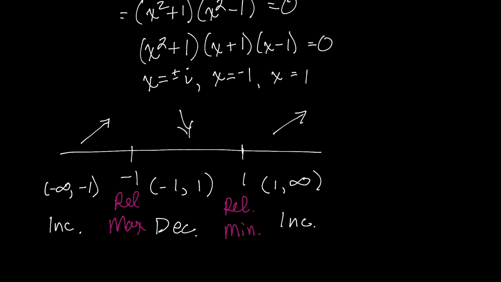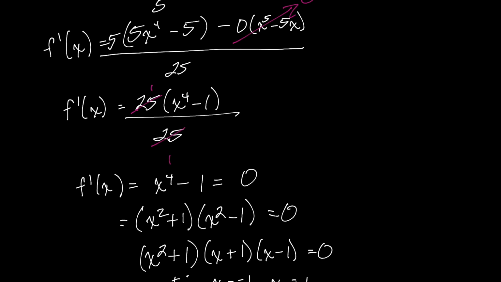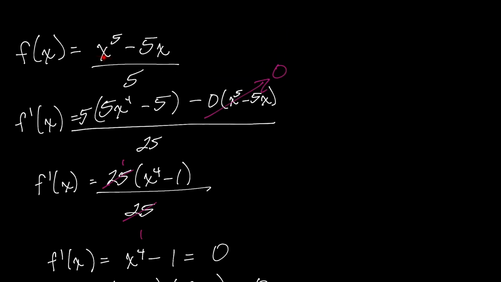If I wanted to find critical points, I would have to go back to my original function and substitute negative 1 and positive 1. So for the original function, negative 1 to the fifth is negative 1, minus 5 times negative 1, which is plus 5. So negative 1 plus 5 is 4, so 4/5.